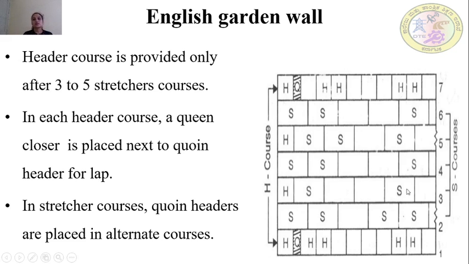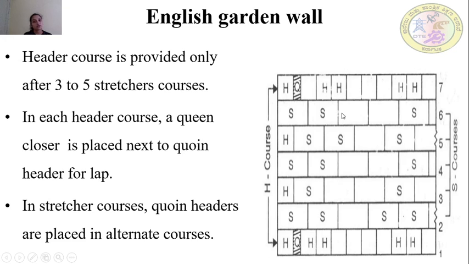Before going to the explanation, observe this picture. In English bond, we know that alternate header and stretcher courses are laid. Here you can observe this is the header course. After the header course, there are stretcher courses, 1, 2, 3, 4, 5.